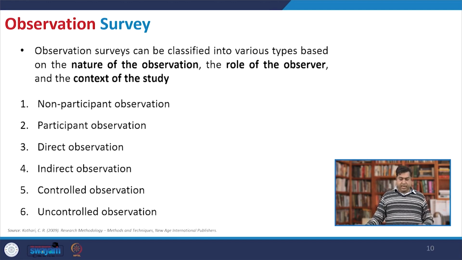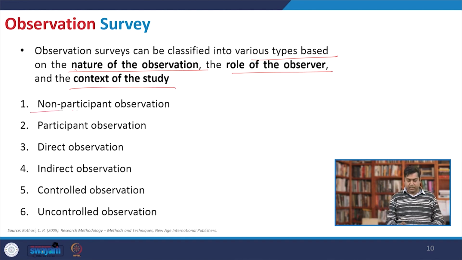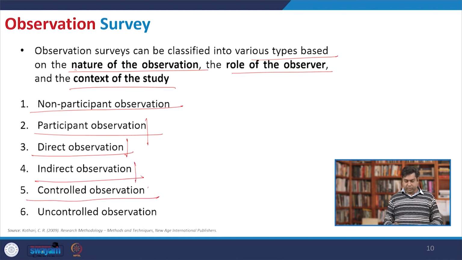Now, observation surveys can be classified into various types based on the nature of observations, the role of the observer, researcher or surveyor, and the context of the study. So, what are those? One is non-participant observation, participant observation, direct observation, indirect observation, controlled observation and uncontrolled observation.